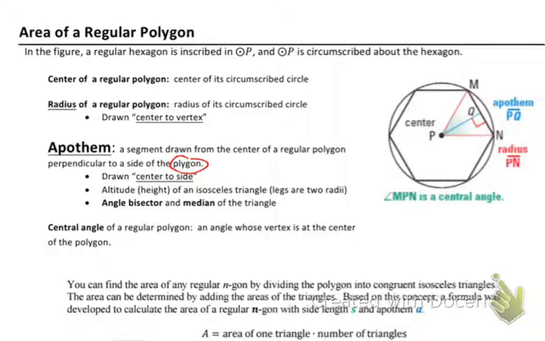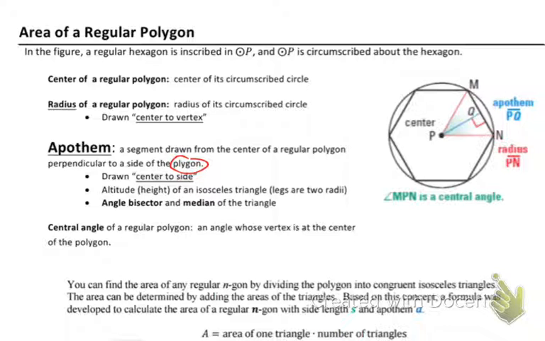Let's regroup, because this is a very important word for us to know. It's the only way we can actually find the area of a polygon. The apothem is a segment drawn from the center of the regular polygon, and it's perpendicular to the side of the polygon. This line right here is my apothem, because it is a right angle to the side and it connects the center.